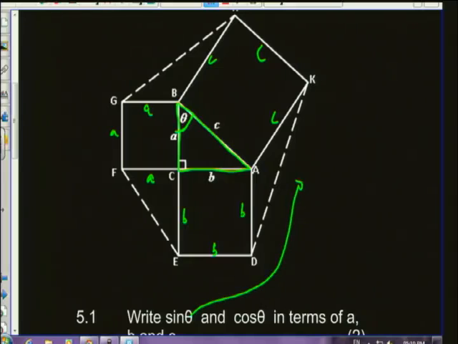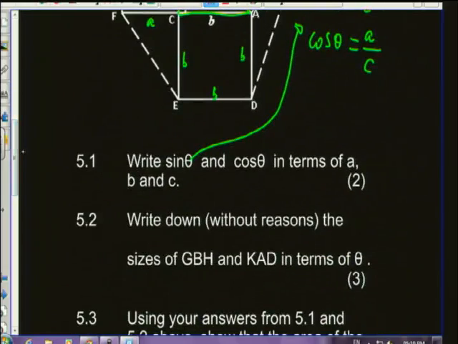Sine theta will be the opposite, which is B, and then the hypotenuse is C. So that will be B divided by C. And then cos theta will be the adjacent, which is A, divided by the hypotenuse, C. So we've got that, 2 marks there.